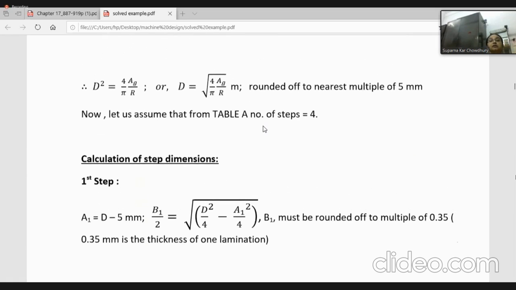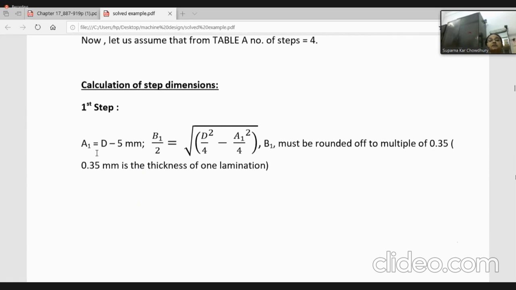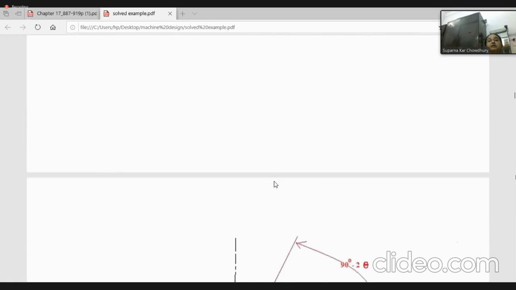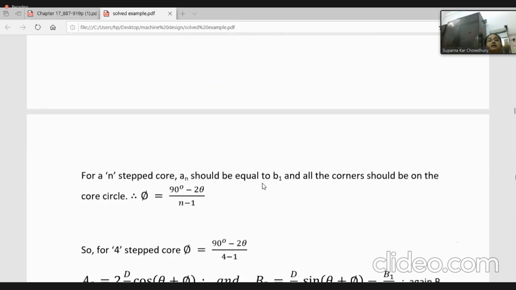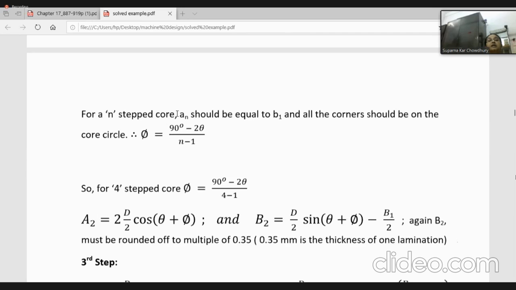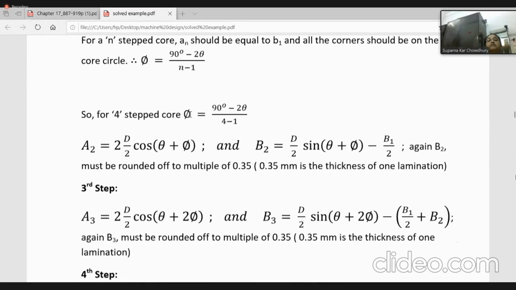So we determine this is A1 and B1, then this is theta. Then step 2 for n step 4, phi is equal to 90 minus 2 theta by n minus 1. For 4 steps, phi is equal to 90 minus 2 theta by 4 minus 1.